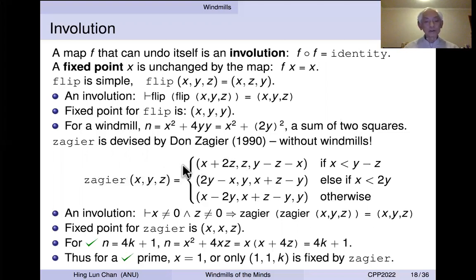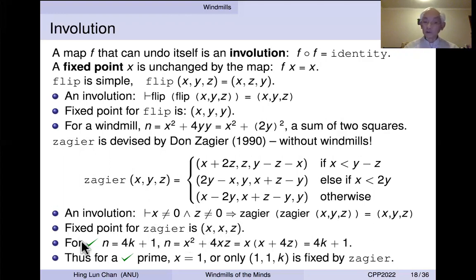All you need to know is that it also got three cases, basically coming from the three cases of the mind. And it is an involution because if you do it twice, it comes back to the original, and we can formalize it.